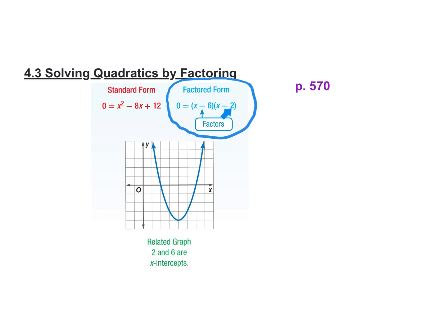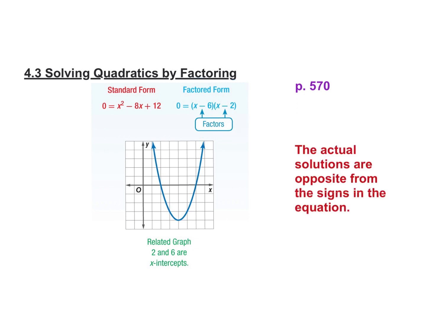If you notice on the inside here, okay, the signs are opposite. It's actually -6 and -2. And I'm going to explain why that is here in a minute, but that's the connection. Okay, the connection is that the actual solutions are opposite signs from what's in the equation of factored form.